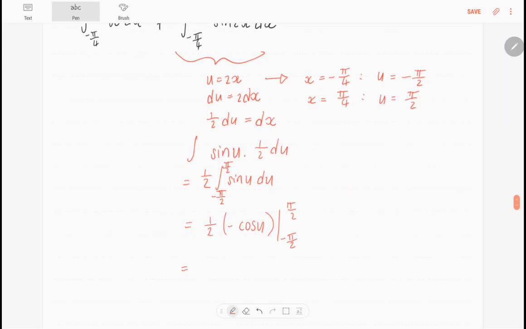So that's going to be a half. Then we have minus cos of u, which is pi over 2. So it's minus cos pi over 2 minus cos of minus pi over 2.